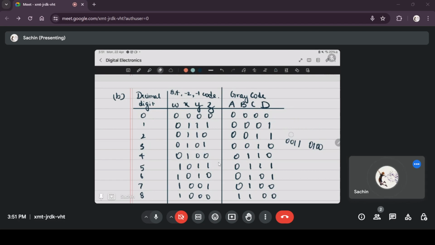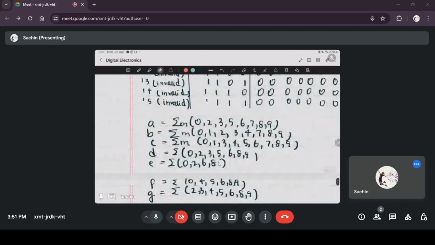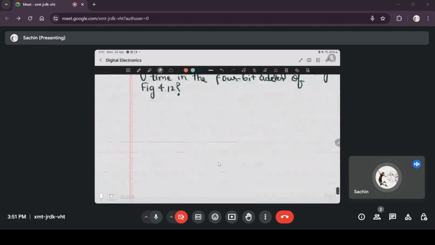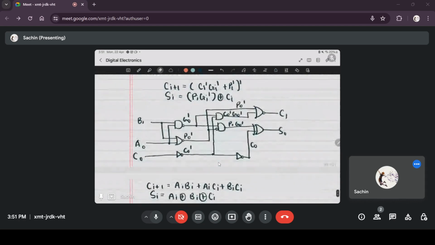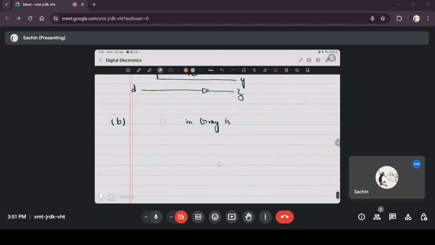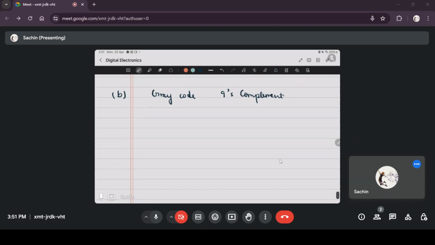And you do that for every single possible 4-bit gray code number. And you'll get, here's gray code and its ninth complement. Gray code bits are represented by ABCD. Ninth complement is WXYZ.